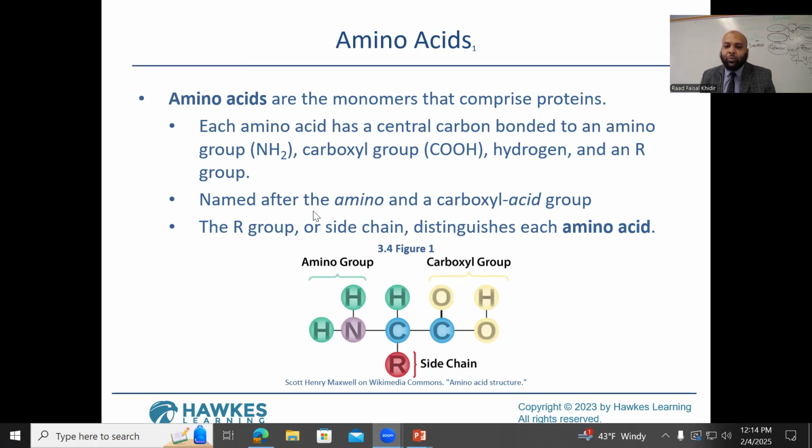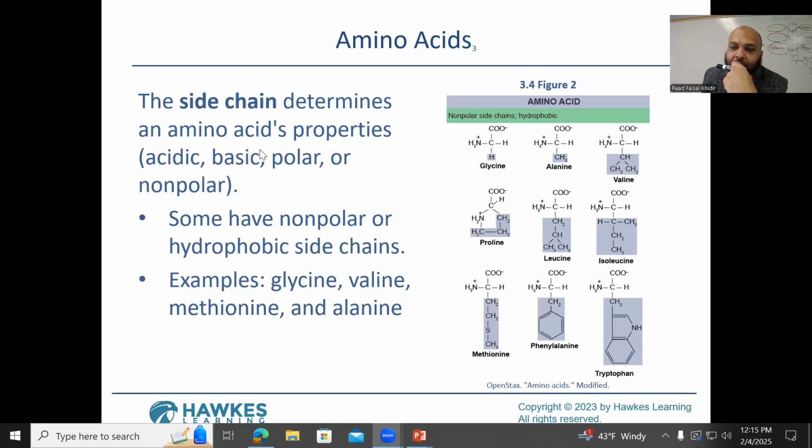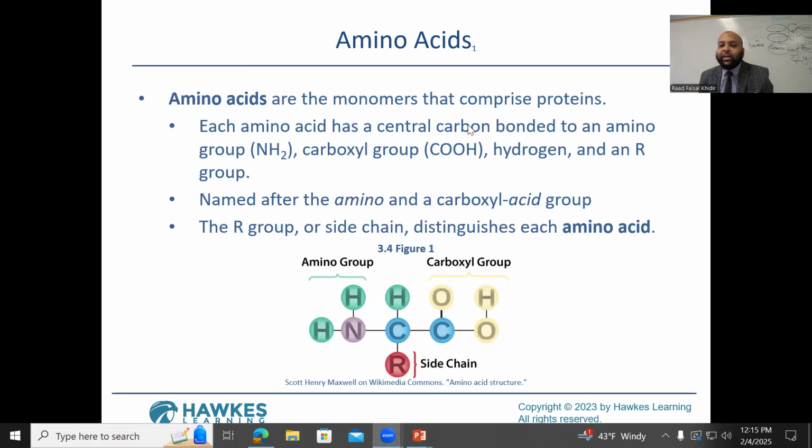So the R group or the side chain distinguishes each amino acid. There are 20 common amino acids found in proteins. So you need to understand the structure of the amino acid.